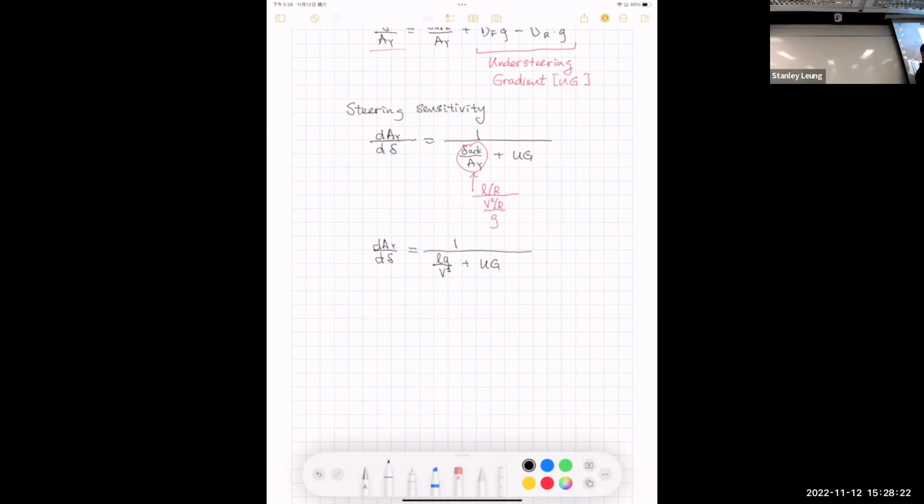First of all, if my steering gradient is 0, then this is a neutral steer car, right? And this is a square function with velocity. Square function of velocity, so the graph should look like this.